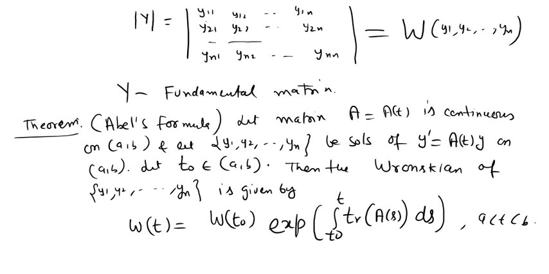So by using this Abel's formula you can calculate the Wronskian from the trace of matrix A, and the Wronskian is used to check linear independence of the solutions.